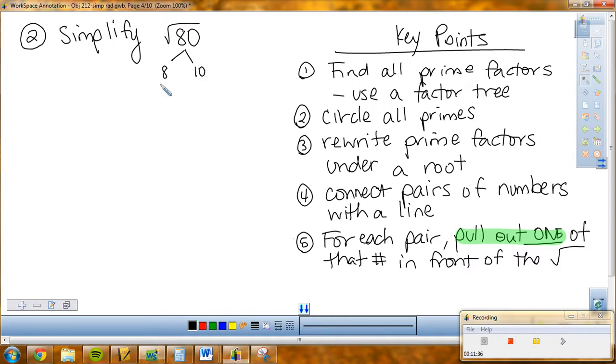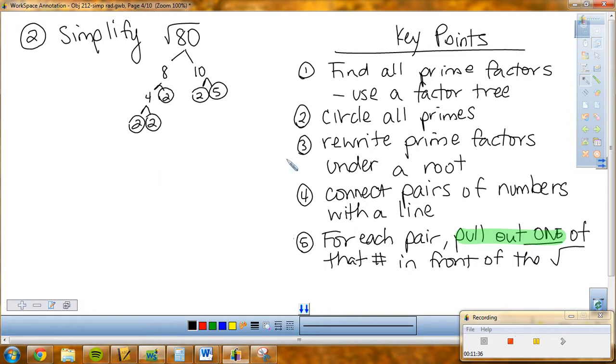No, I can keep breaking down 8. 8 is 4 times 2. 2 is prime, and 4 can break down to 2 and 2. So here I have 2 more primes. 10, I need to keep going, so I have 2 times 5, both of which are prime. So I've circled all my primes, I've factored all the way.